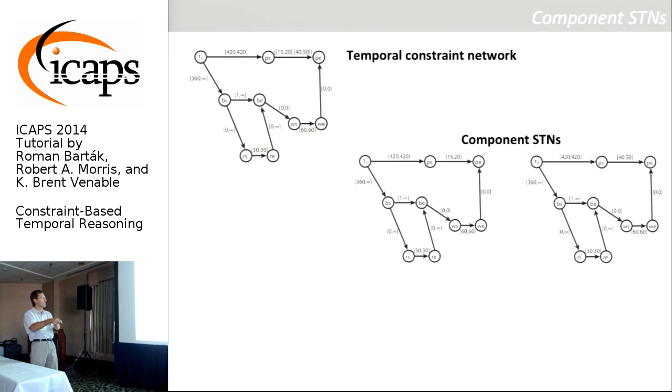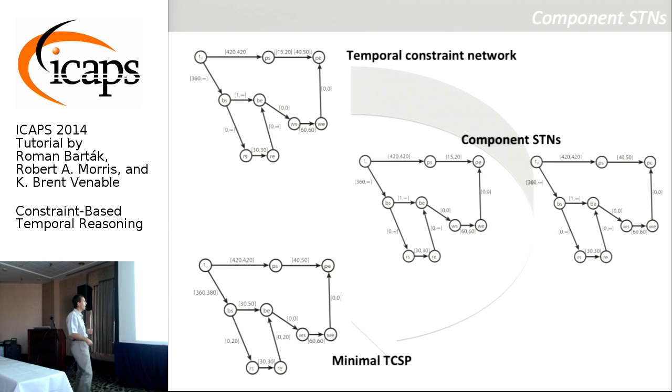Now, this is an STN, so I can run path consistency to make the network minimal, right? And I can realize that actually this network is not consistent. There is no way that these points are at these distances. So if I then combine these 2 networks, I just use this last network as the solution.